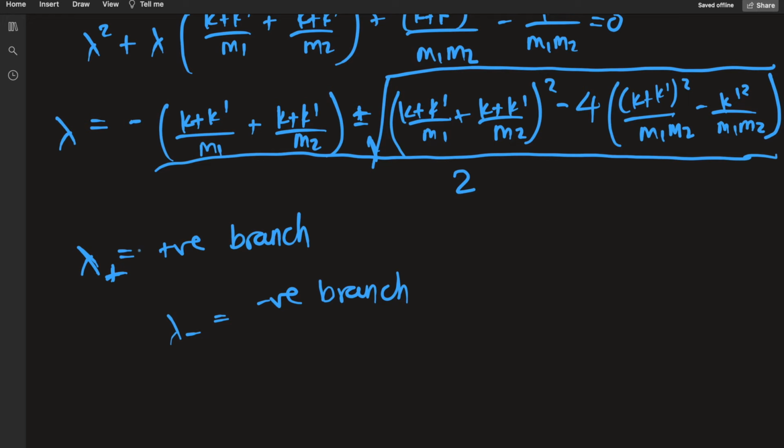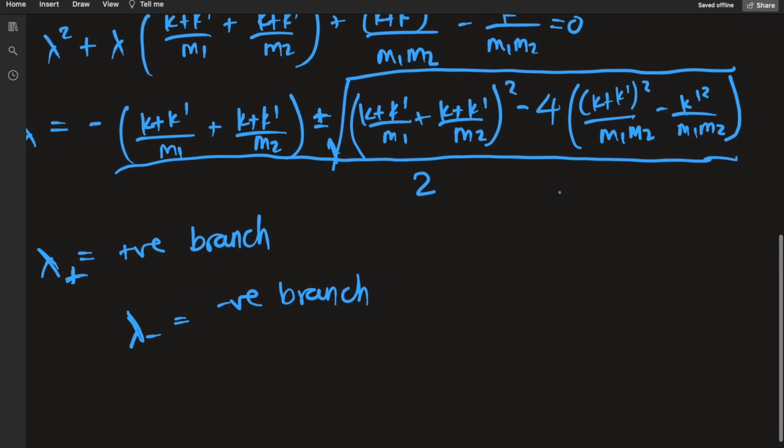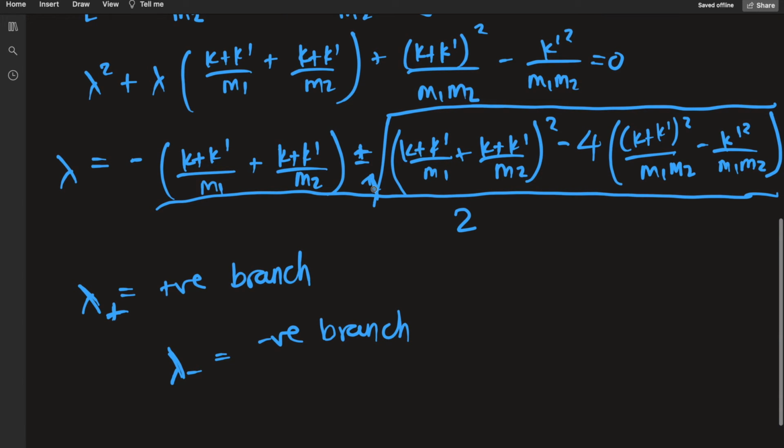I'm going to address them as lambda plus and lambda minus, because this expression takes the breath out of anyone who tries to write it out again and again.